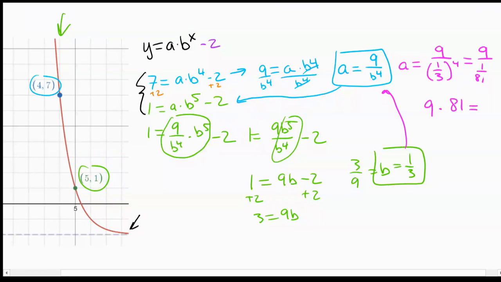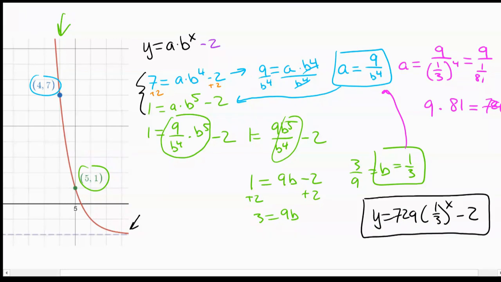So it's really just 9 times 81, which I'm going to plug into a calculator so I don't make a mistake here. 9 times 81 is 729. And so my final answer here is y equals 729 times (1/3) to the power of x, minus 2, and there's my equation of the graph.